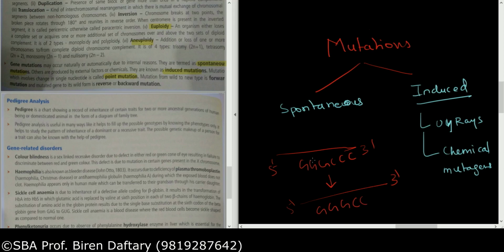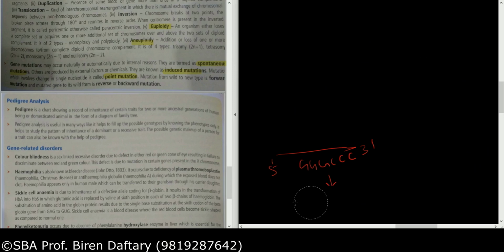Now mutation from wild to new type is called forward mutation, whereas mutated to wild is called backward mutation. Now what is a wild gene and what is a mutated gene? Please remember, the original gene is called the wild gene, and the genes which evolve from the original genes are called mutated genes.